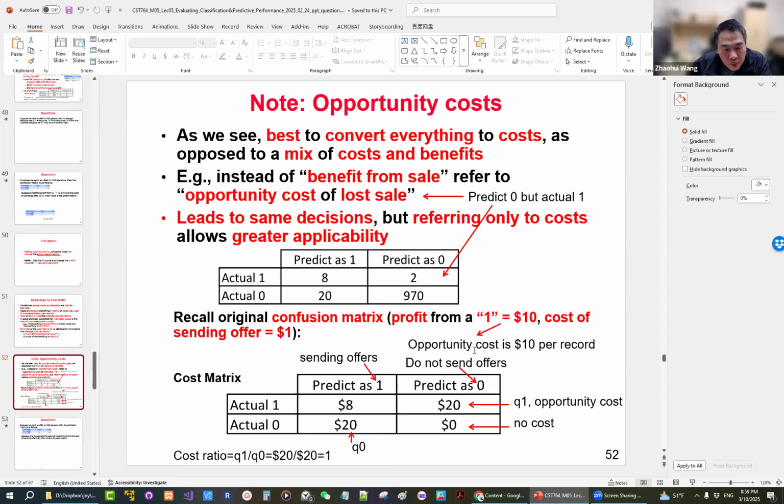So there are two cases, 2 times 10 will be $20. For the 970 predicted 0, we didn't send out the offer, so we don't have the cost. Cost 0.